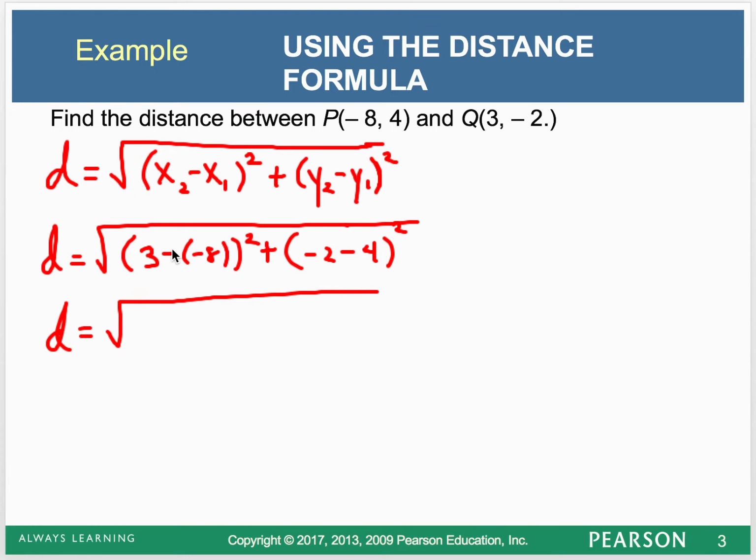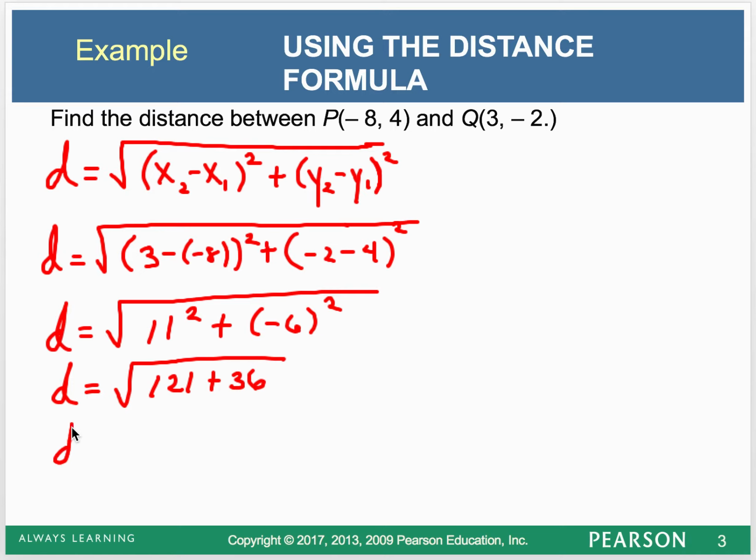So this is 3 plus 8, which is 11 squared, plus negative 2 minus 4, negative 6 squared. So 121 plus 36, or 157.